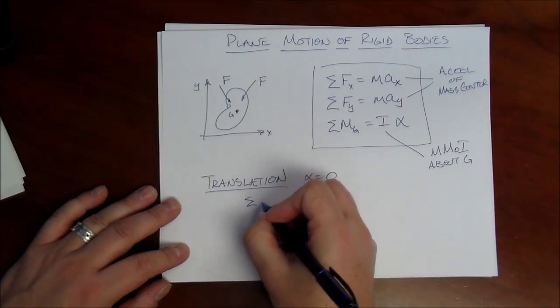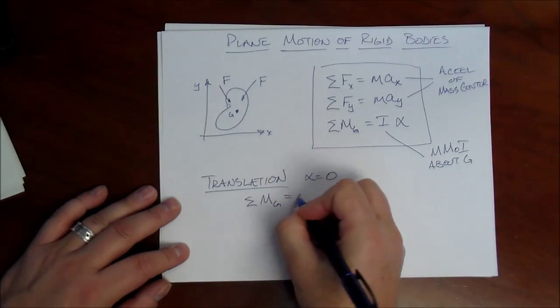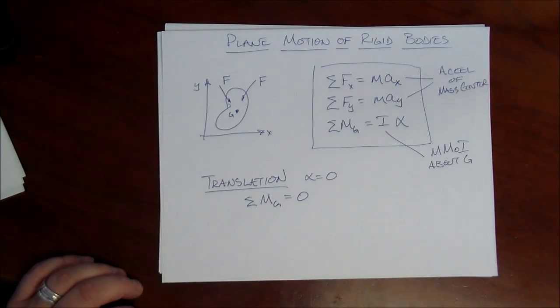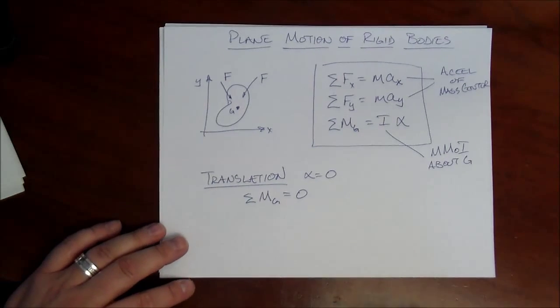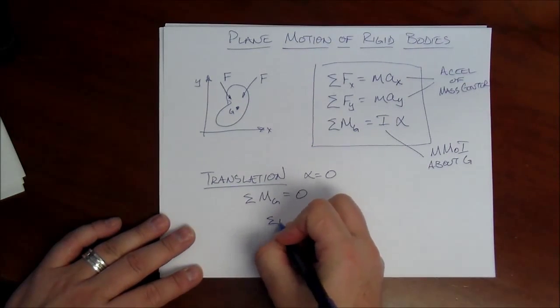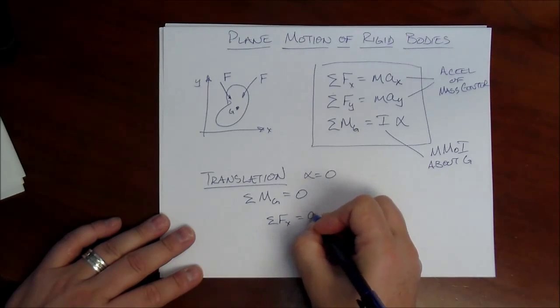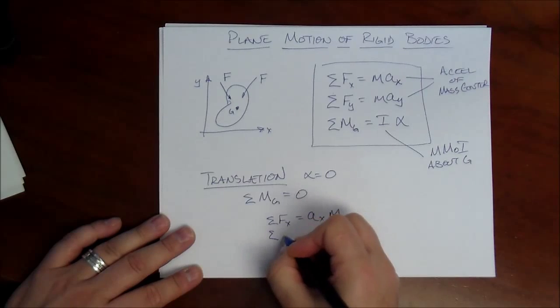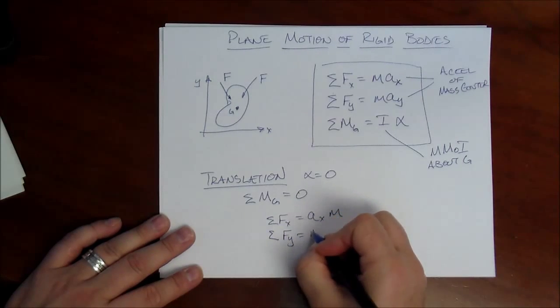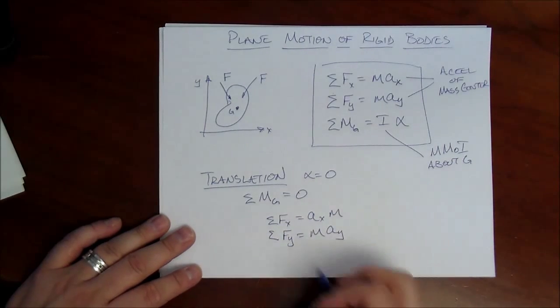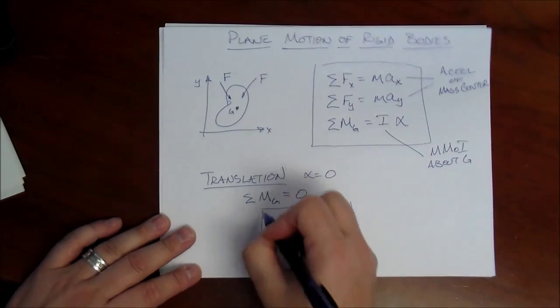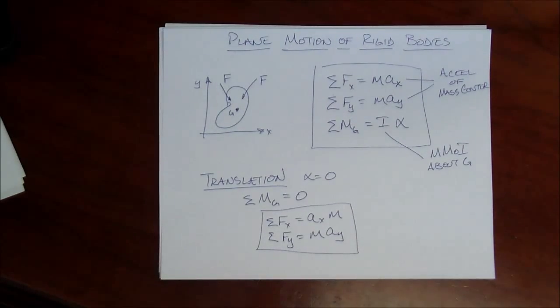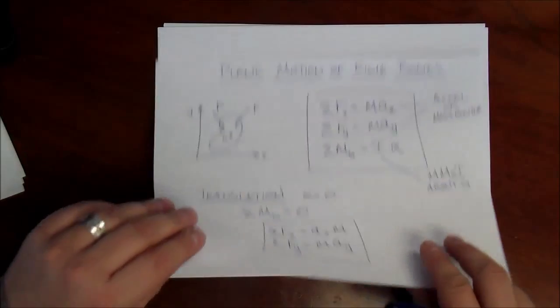Therefore, the sum of all moments about G is equal to 0. Right? And we're left with the equations of motion that the sum of all forces in the x direction equals the acceleration in x, times the mass, and the sum of all forces in the y direction equals the mass times the acceleration in y. So for pure translation of a rigid body, those are the only equations of motion necessary.